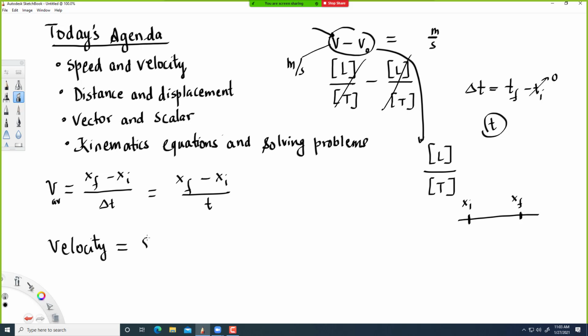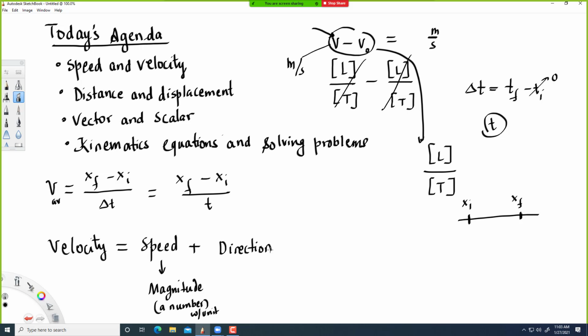So speed has only magnitude or number, and if you add direction to that number with unit, then we call it velocity. Speed plus direction.